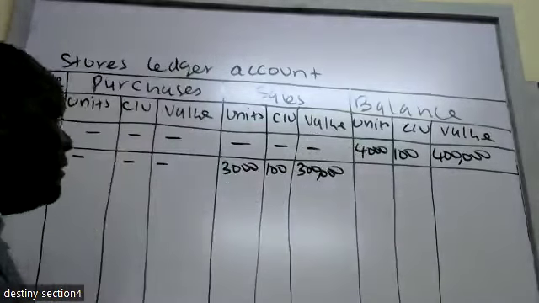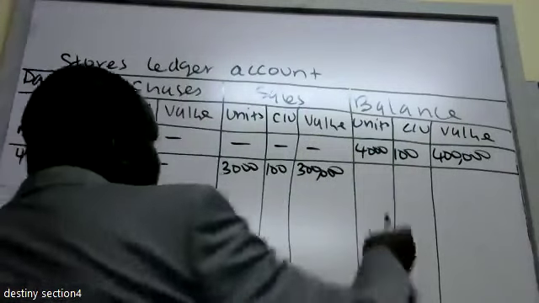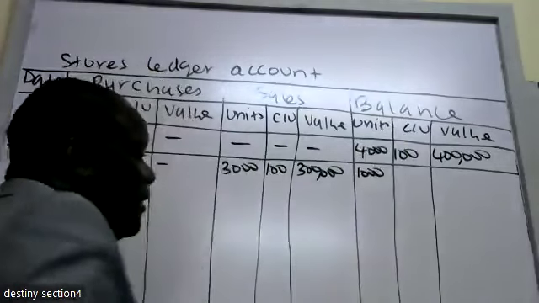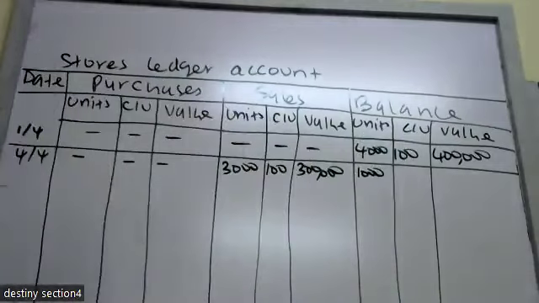So for the balance, you start by getting the units. So the units will be 1,000. It is 4,000 minus the 3,000.